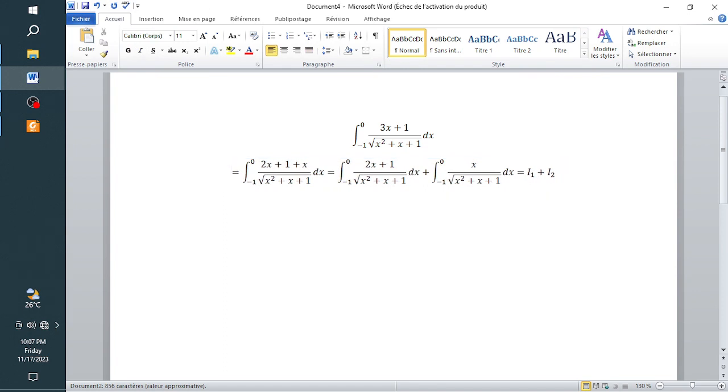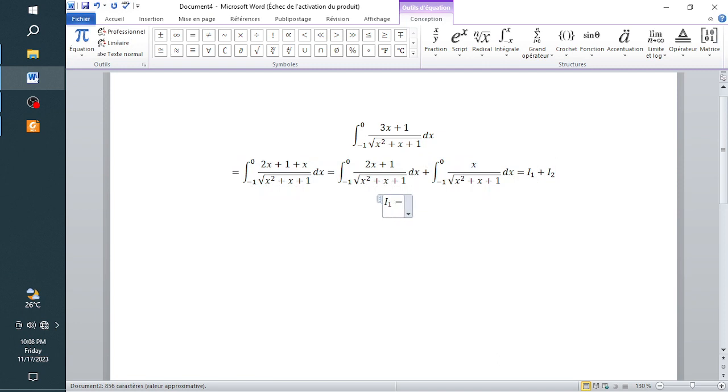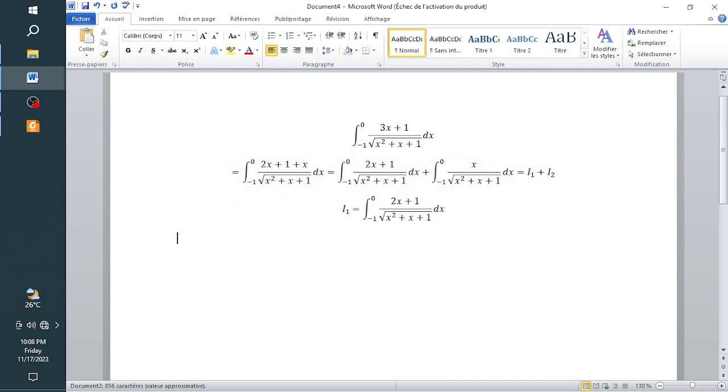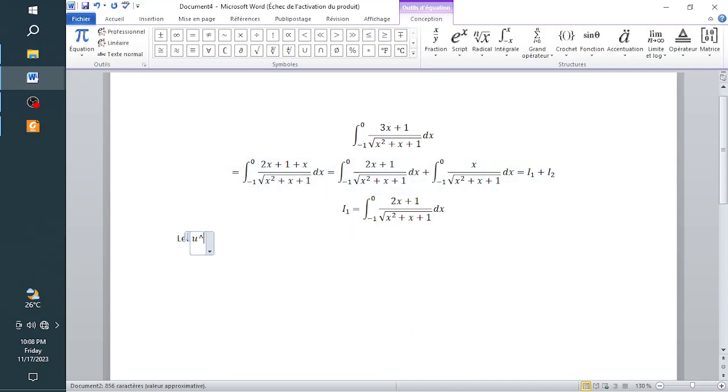Now let us begin with I1. Our I1 is equal to this integral. Now let us see how to solve that integral. You realize that if you let u squared be equal to x squared plus x plus 1, then what do we have?